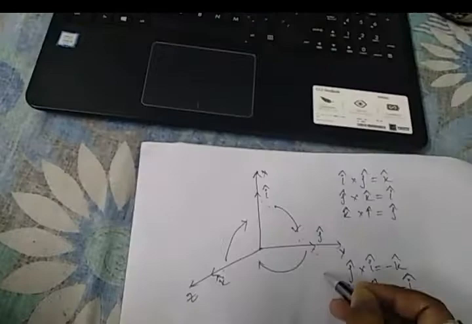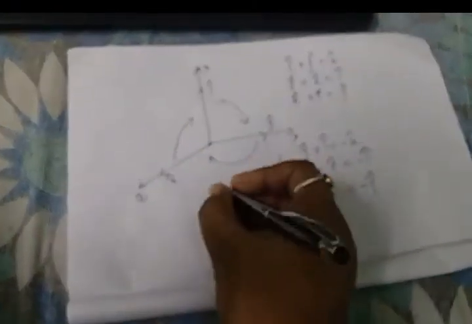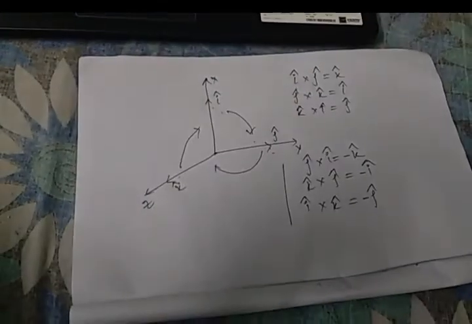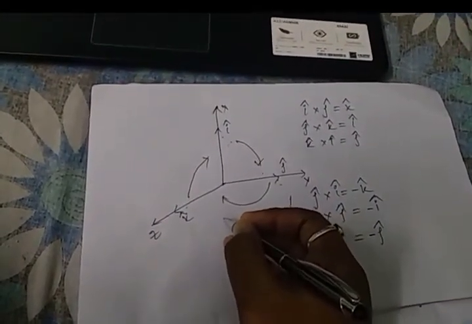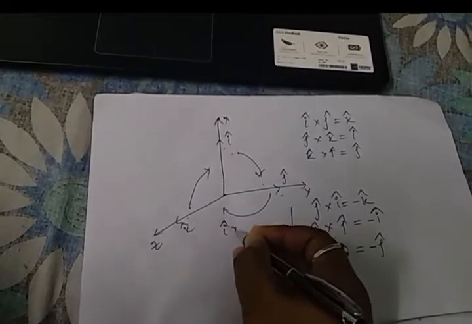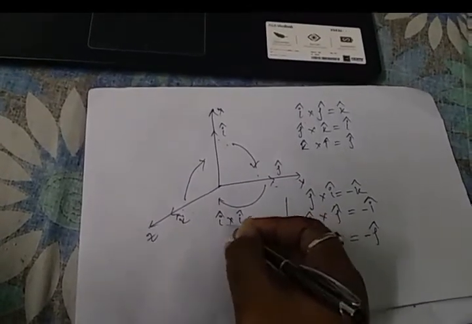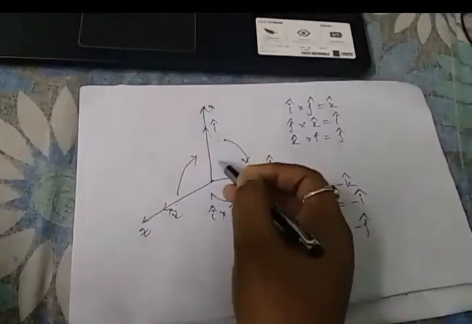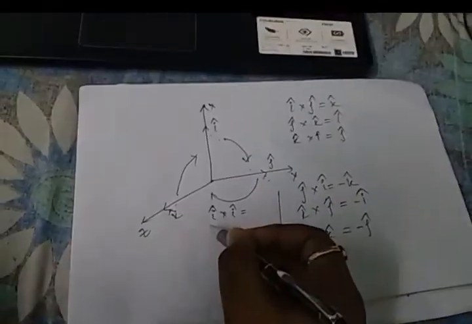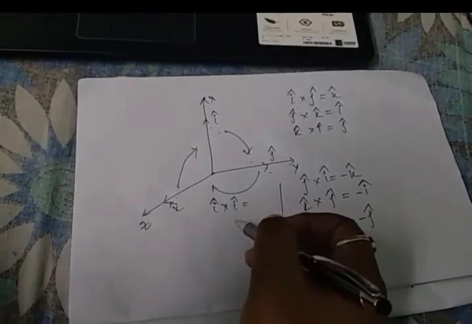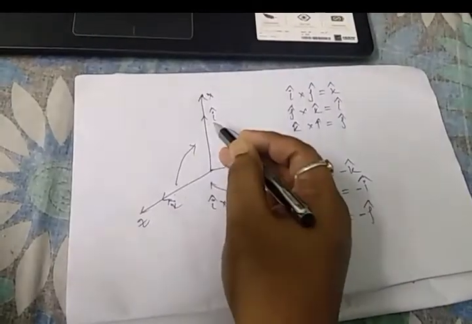But if you are told to find i cap cross i cap, that means the two unit vectors are in the same line. The angle between the two unit vectors is equal to 0 because they are coinciding.